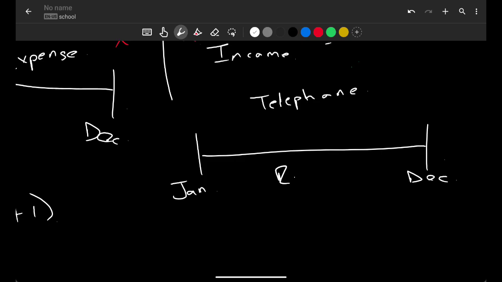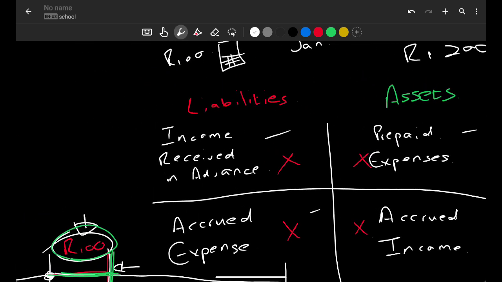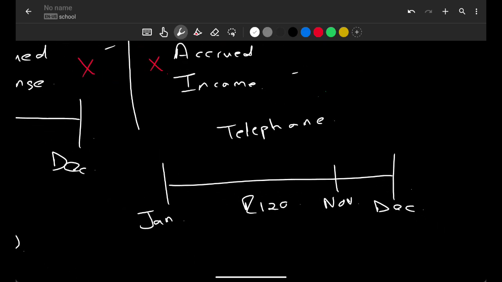So the total that we're supposed to pay is 120 rand, but we're only able to pay it up until November, right? Do you see that we are the ones who's supposed to pay? In income received in advance, we received money, but in accrued expense, we're supposed to pay, right?